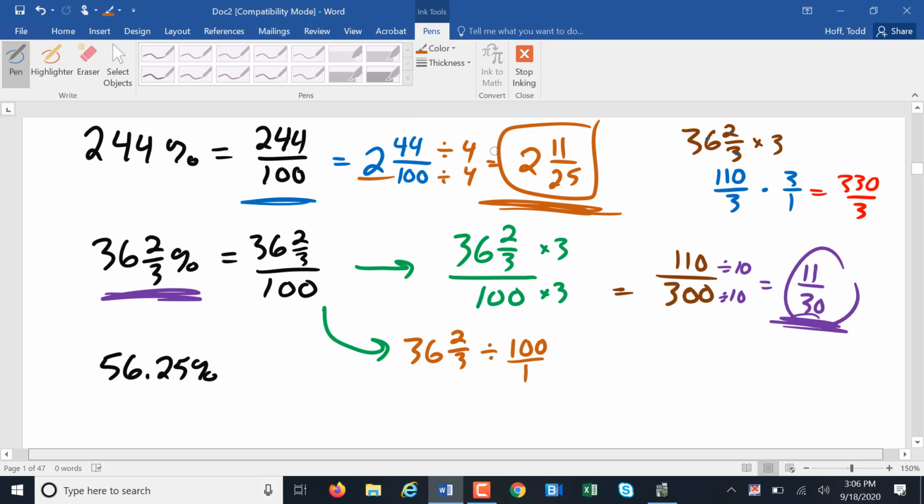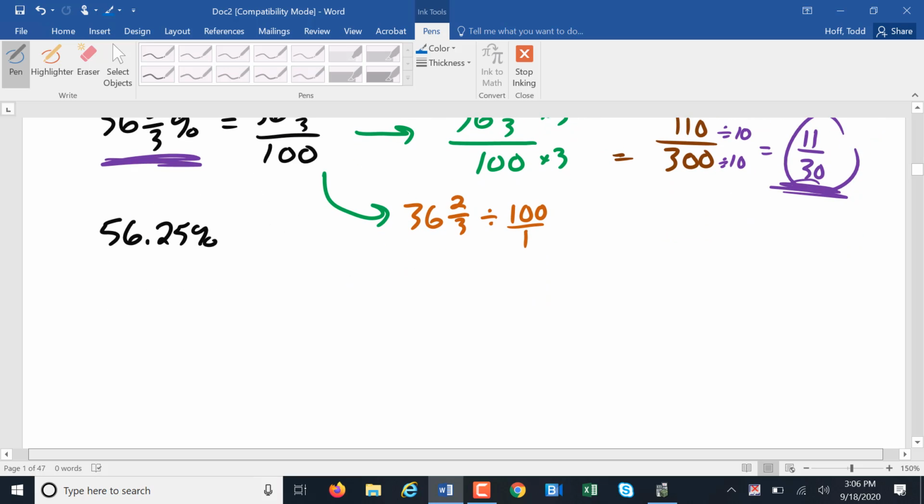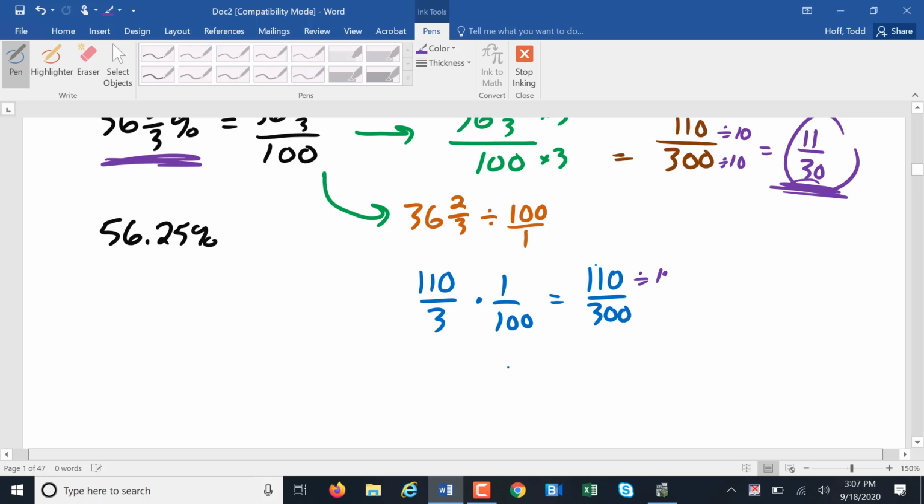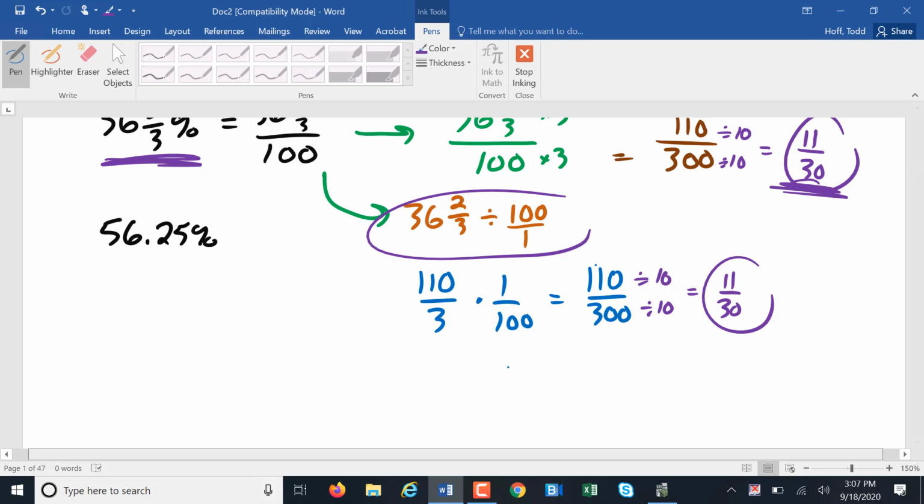I make that 100 over 1. 36 2/3 we already said is 110 over 3 times 1 over 100 is 110 over 300. Both of those divide by 10 again. Gives 11 over 30. I think it's simpler to just divide with the fractions than it is to try to do that common denominator.